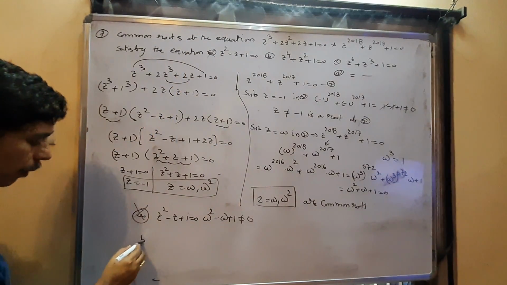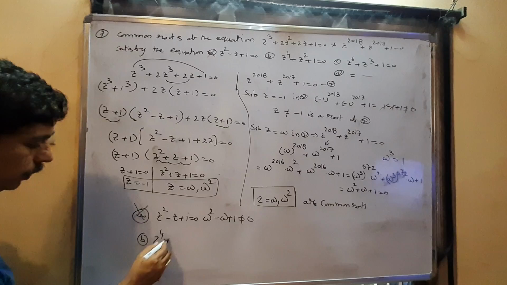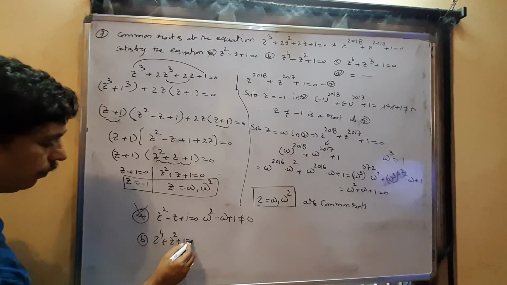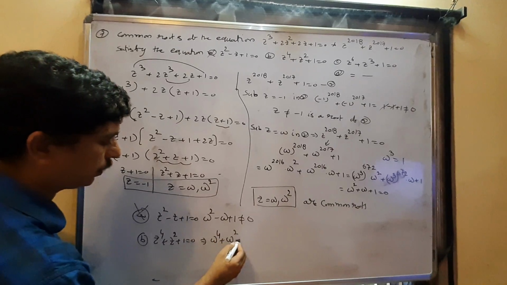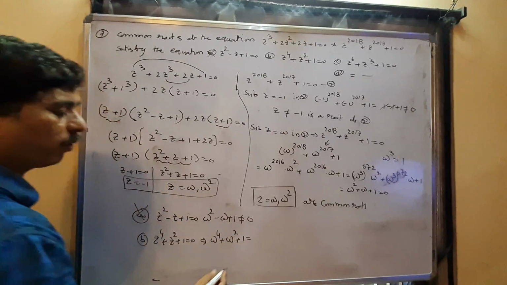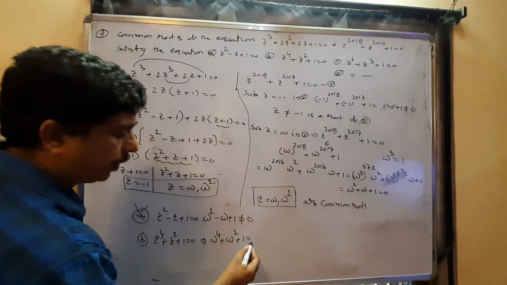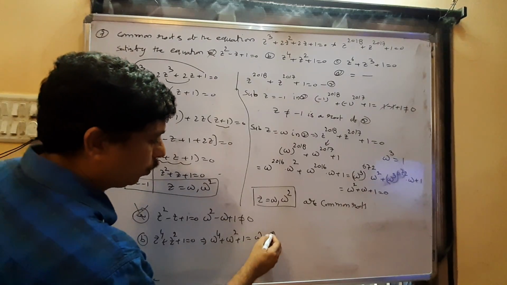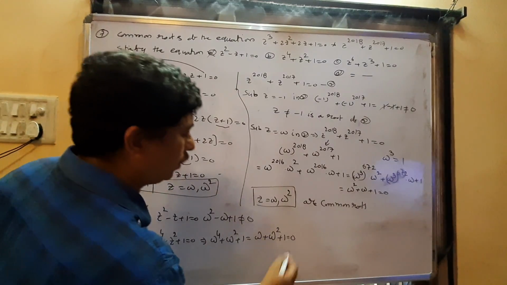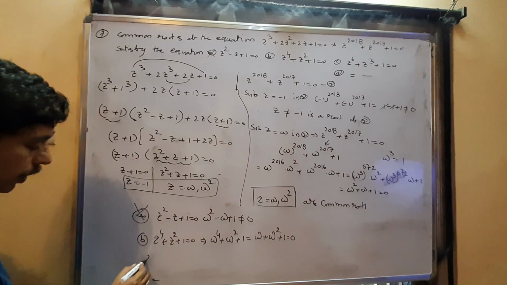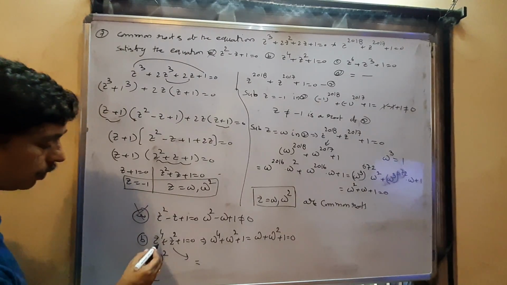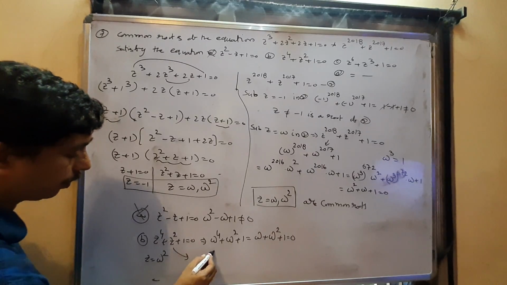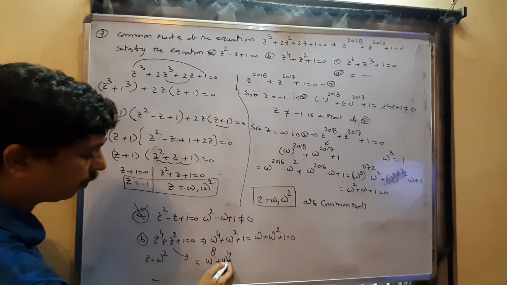You have to check option B: z^4 + z^2 + 1. That means omega^4 + omega^2 + 1. Omega^4 can be written as omega cube into omega, that is omega + omega^2 + 1, which is obviously 0. Substitute z = omega square: then this becomes (omega^2)^4 = omega^8, plus omega^4 plus 1.